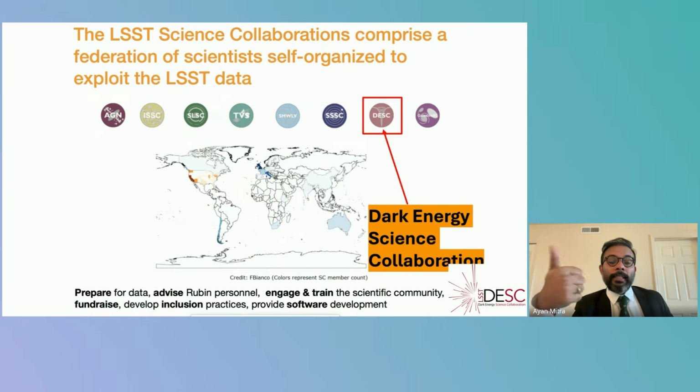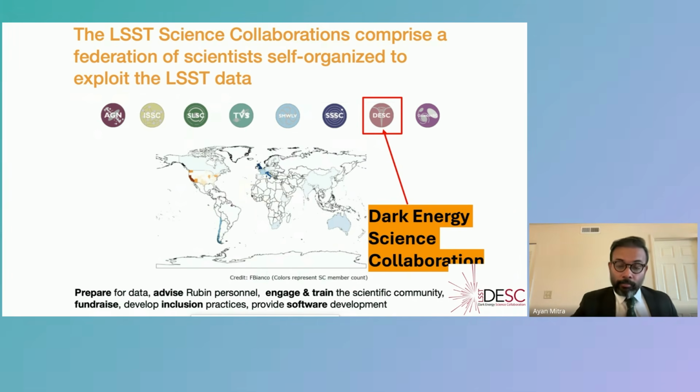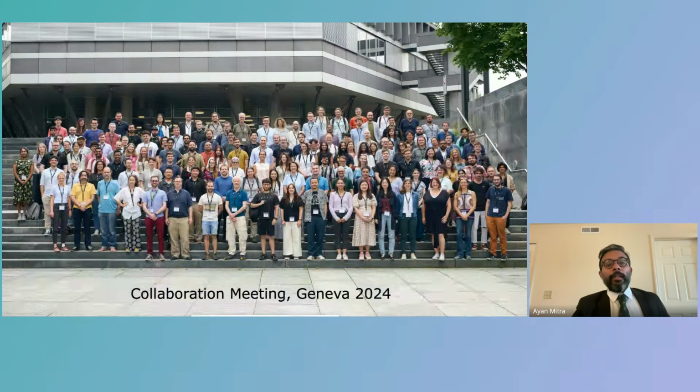I work in DESC. And here's their footprint. Interestingly, we have partners in India also. People at IUCAA and TIFR have membership to work in DESC, and they're quite vibrant. Here's a collaboration photo from 2024 in Geneva.